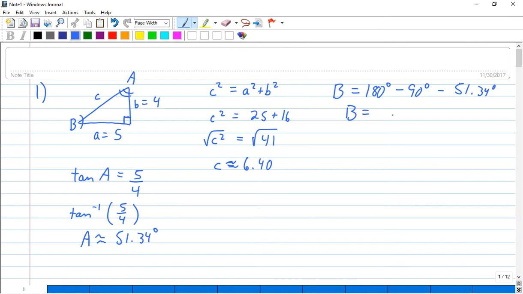So angle B is 38.66 degrees. Alright, and that answer's down there. That's B on this practice test.